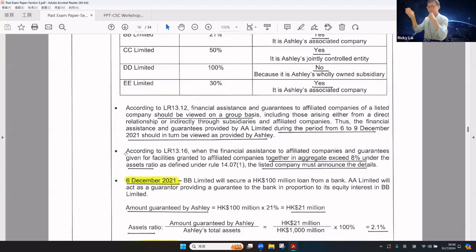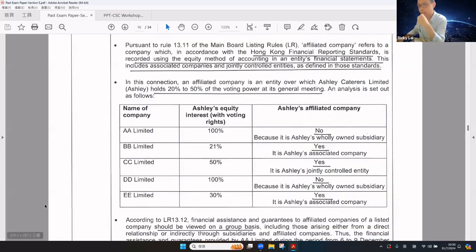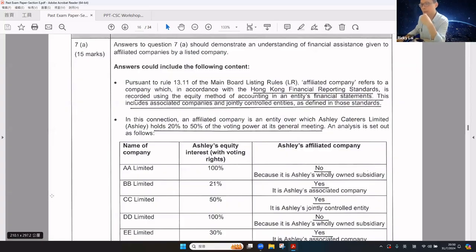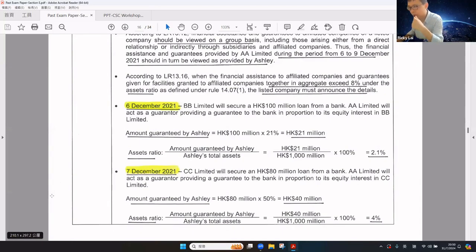So please provide some analysis for every day when the company provides a loan or guarantee: is an announcement required under Chapter 13 of the listing rule? First of all, how about the first loan?